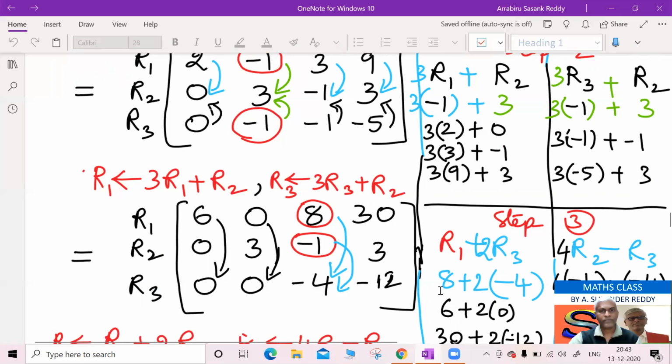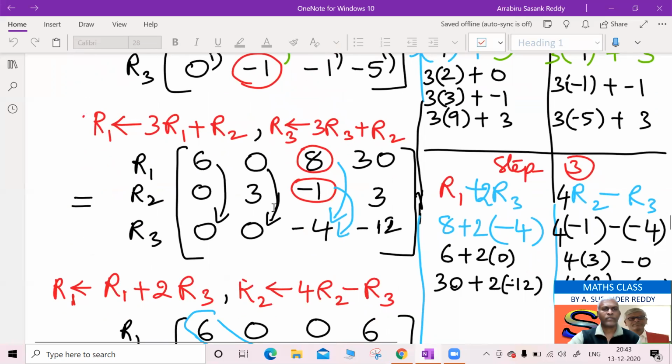So after step 2, we need to convert the third column's first 2 elements to 0. So we need to convert 6 zeros in total: in the first column, 2 zeros, second column, 2 zeros, third column, 2 zeros.